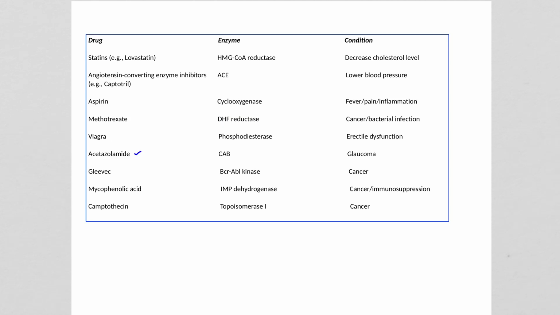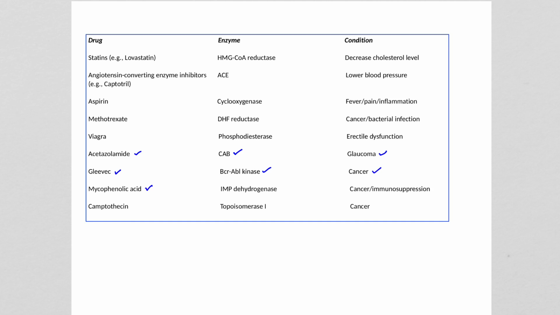Acetazolamide is a drug that inhibits the enzyme carbonic anhydrase, and it's used for treating glaucoma. Gleevec is a drug that inhibits the enzyme BCR-ABL kinase and is used for treatment of cancer.